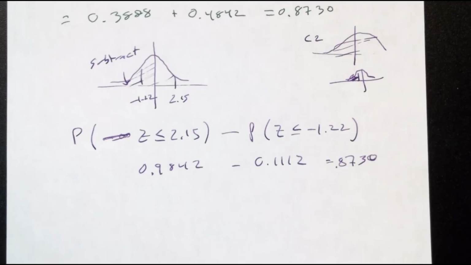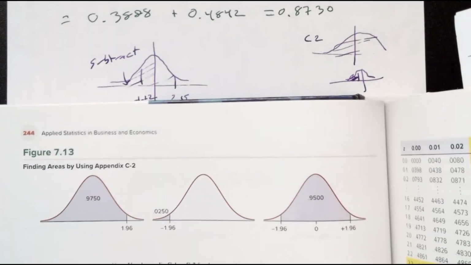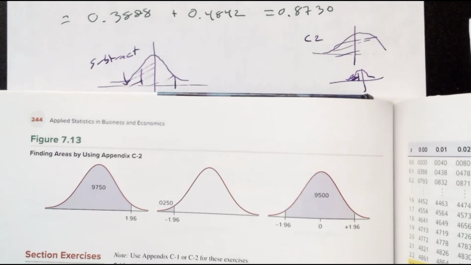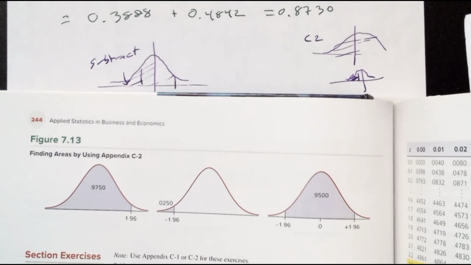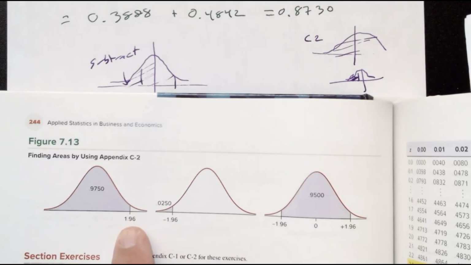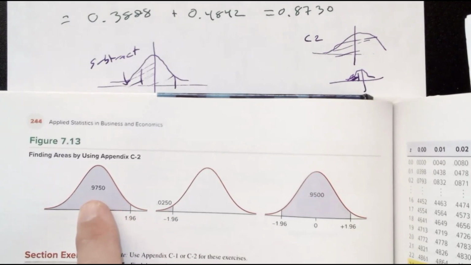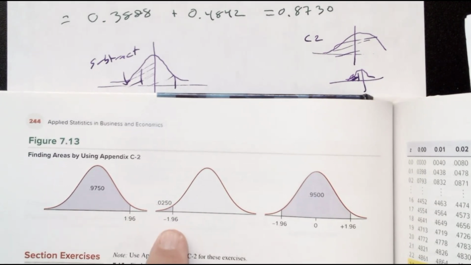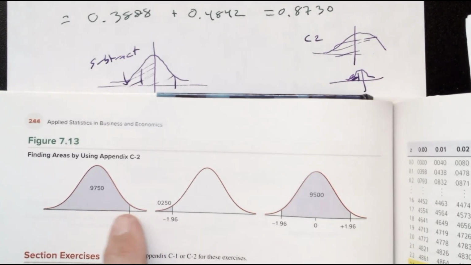I just had this picture here. I've got 1.96. This is going to be the value in table C2. But because of symmetry, if I was given negative 1.96, I could subtract, because put together, those give me 1, right?